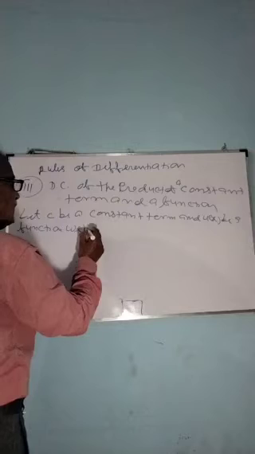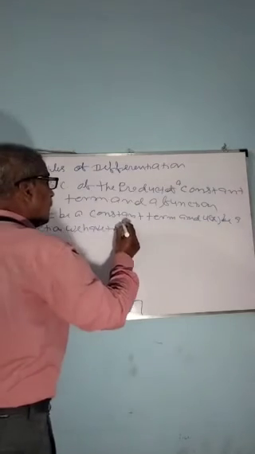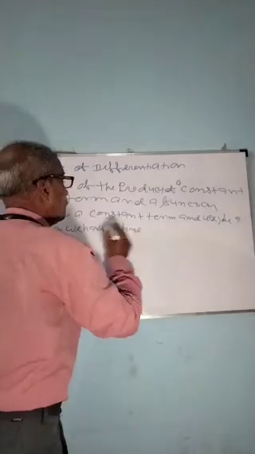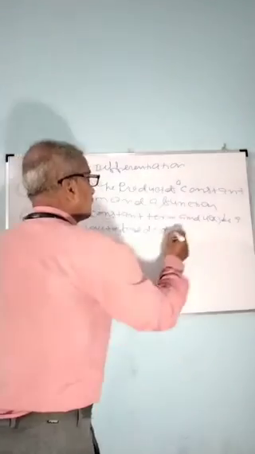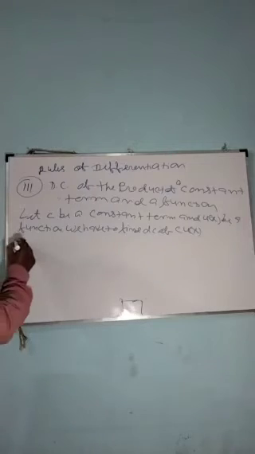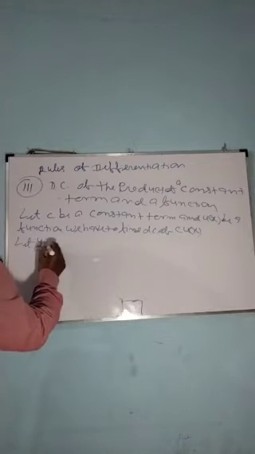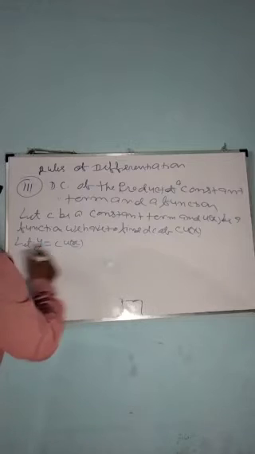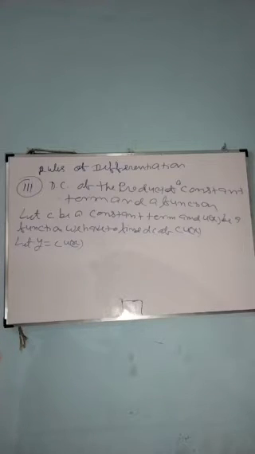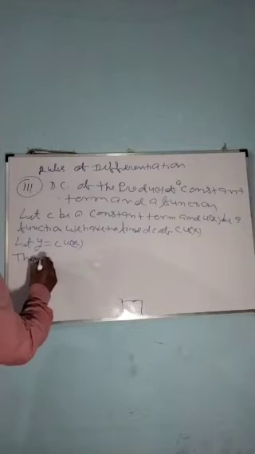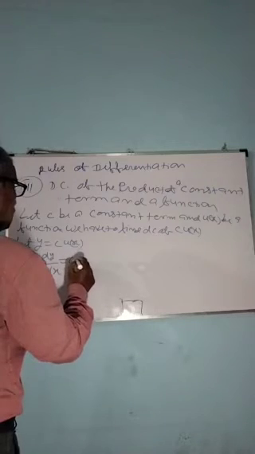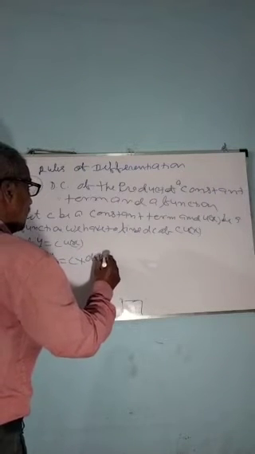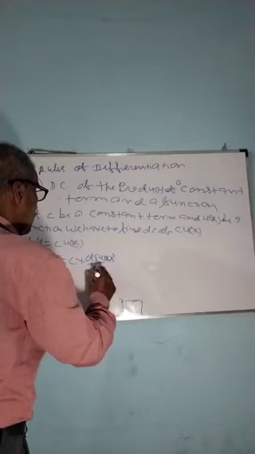We have to find the DC of C u(x). Let y equal to C u(x). Then dy by dx is equal to C into du(x) by dx.